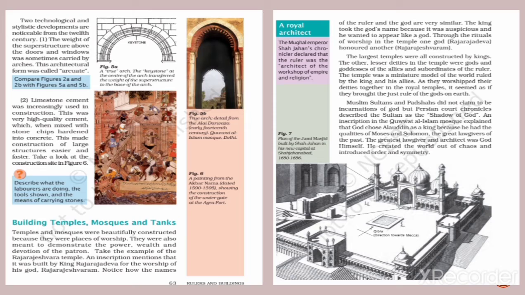Either it is temples or mosques or churches, they were meant to demonstrate the power, wealth and devotion of the patron. Rajarajeshwara temple by King Rajarajadeva for the worship of God Rajarajeshwara.